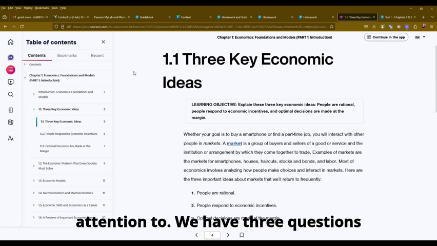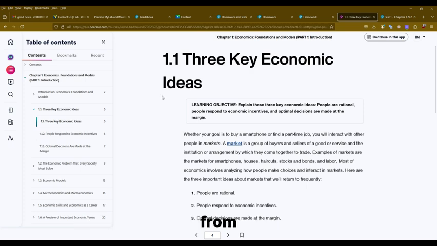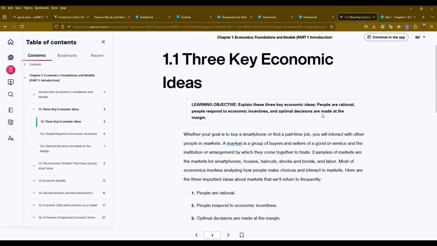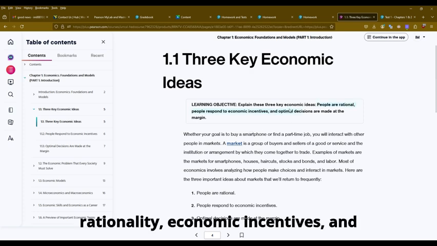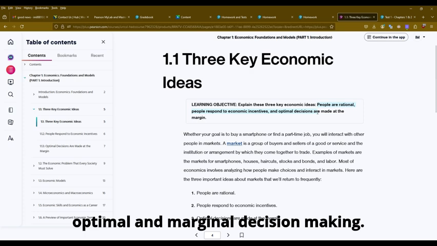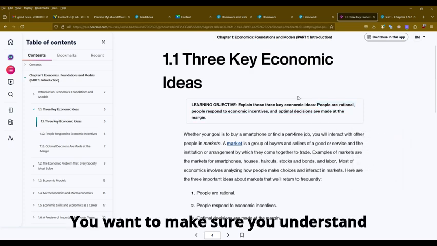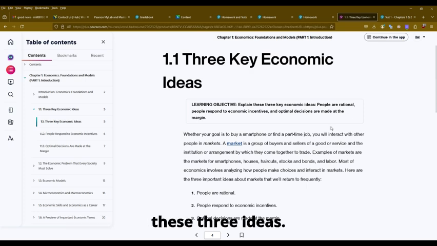We have 3 questions from Chapter 1.1 with 3 key economic ideas: rationality, economic incentives, and optimal and marginal decision making. You want to make sure you understand these 3 ideas.